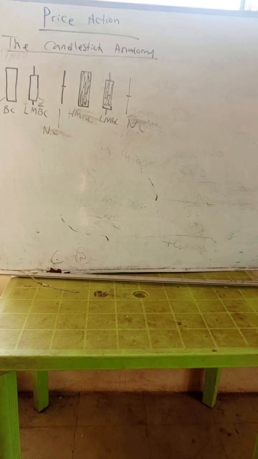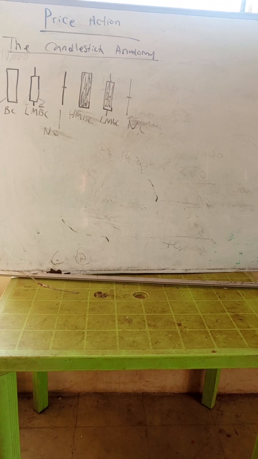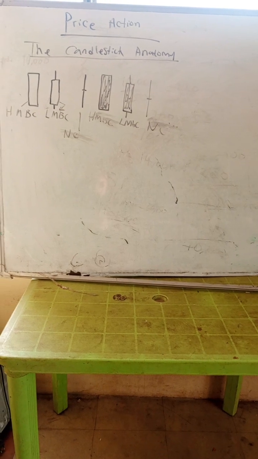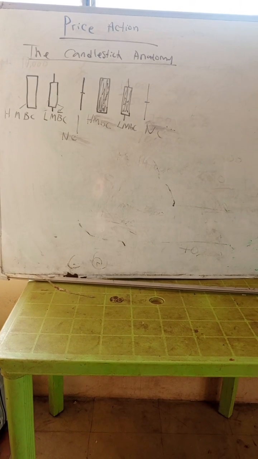Just take your time and go through them. Sorry, hope you can see it clearly now. The first one is HMBC, which is the high momentum bullish candlestick. The second one on the board is a low momentum bullish candlestick, LMBC. The middle one there is a neutral candlestick.